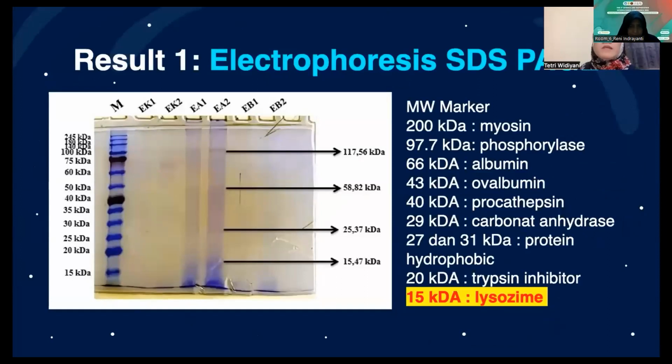And then from the results, first, we characterize the protein from the SDS-PAGE electrophoresis. SDS-PAGE analysis resulted in 4 bands, which indicated that catfish mucus contains protein compounds. Compared to the marker, there are 13 bands, with molecular weight range 10 to 245 kilodalton, as in the figure.